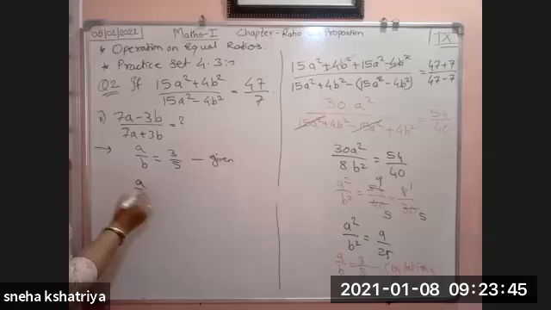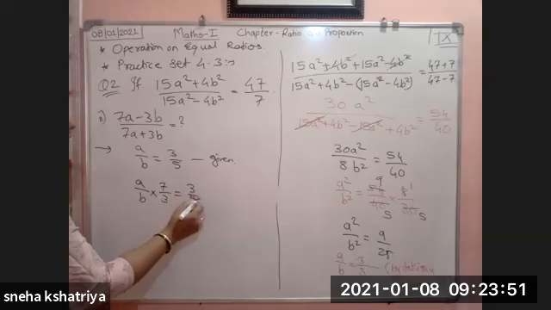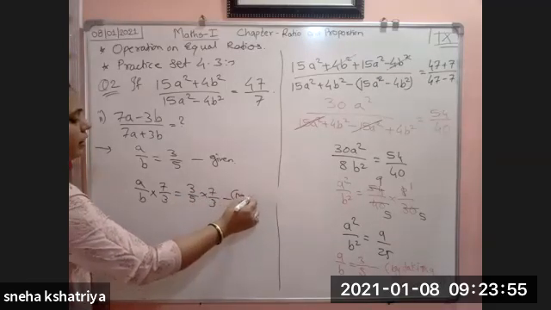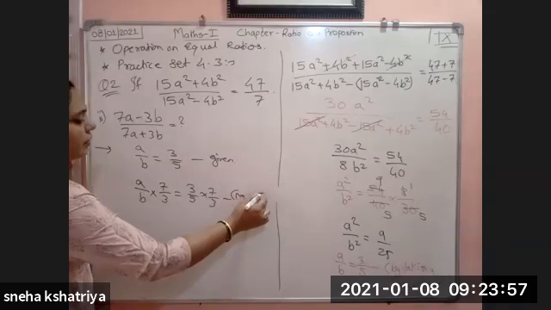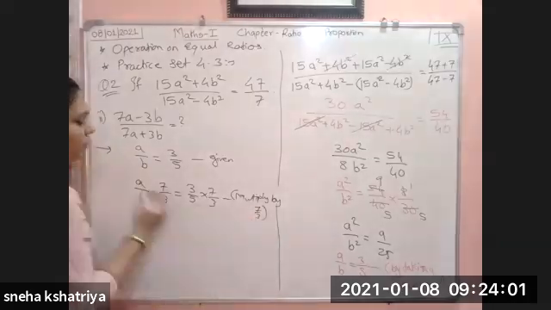So A upon B multiplied by 7 upon 3 is equal to 3 upon 5 multiplied by 7 upon 3, on both the sides.